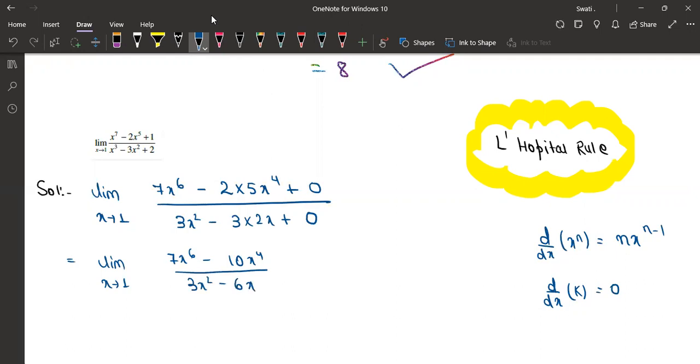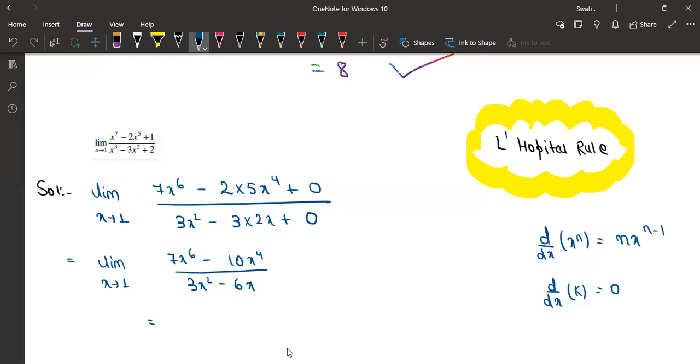Here I can see one thing, that if I directly put the value of x, let's see whether we are getting the 0 by 0 form or not. If you are getting just 0 in the numerator, that is not a problem. 0 upon any non-zero number is 0 only, that we know. But it should not be 0 by 0 or anything by 0.